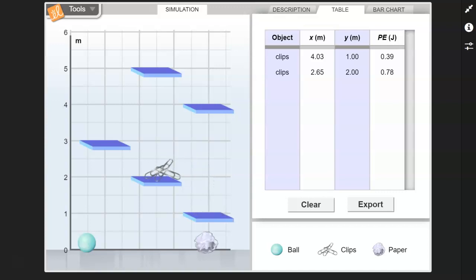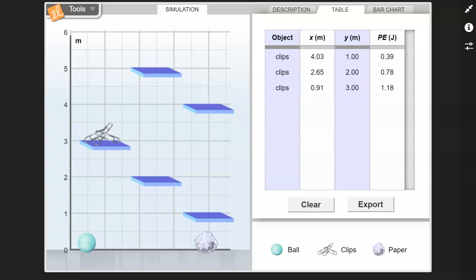If I move the paper clips to the second shelf, I have 0.78 joules. If I move them to the third shelf, I have 1.18 joules.